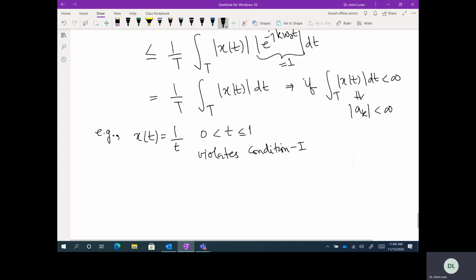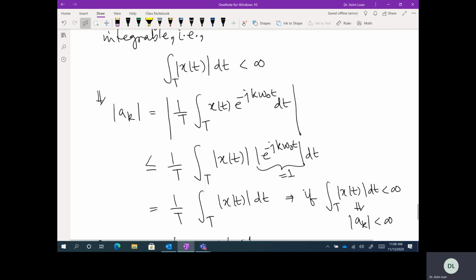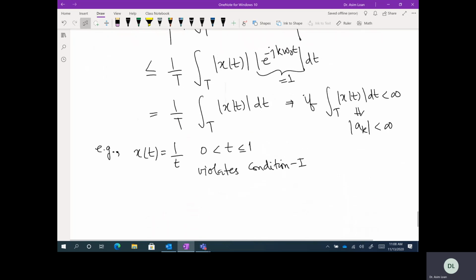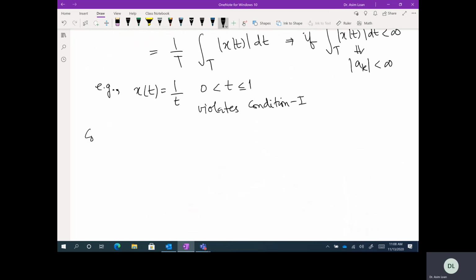What about condition 2? Condition 2 and condition 3 are strong conditions, but they are all sufficient conditions, not necessary. So even if they are not met, the Fourier series will still exist. Again, there are many examples in the book with nicer pictures than I can draw.